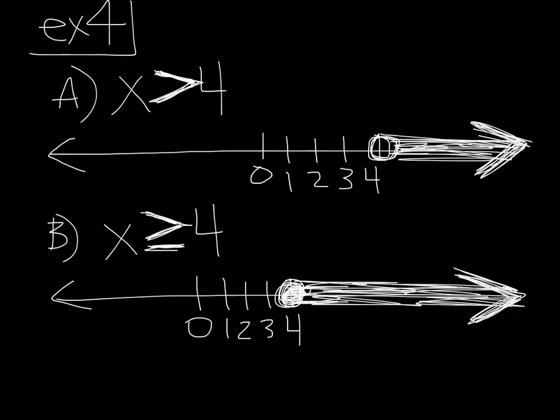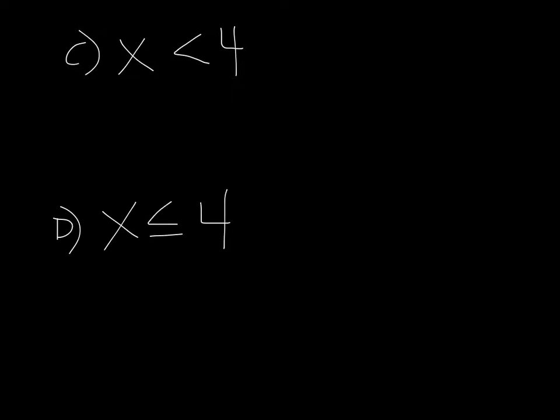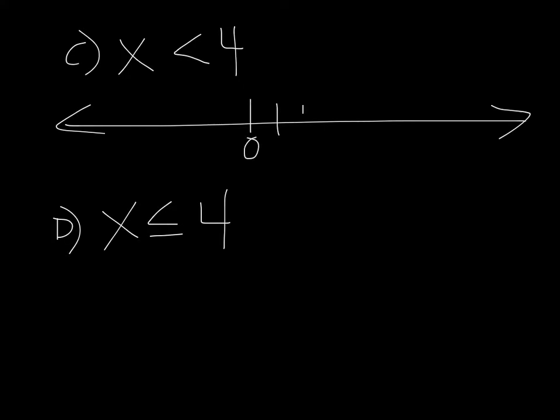Alright, let's try C and D. C is x is less than 4, and D is x is less than or equal to 4. Graph these. There's 0, 1, 2, 3, 4. Since it's just less than, it's an open circle, and it's everything less than.